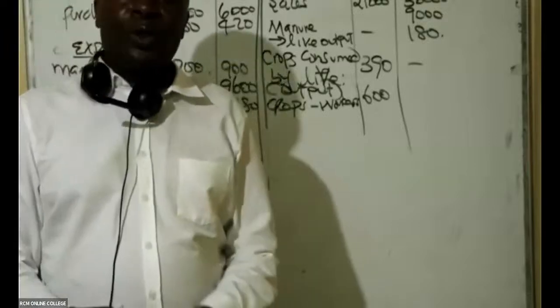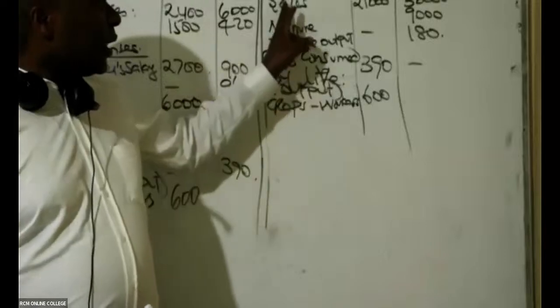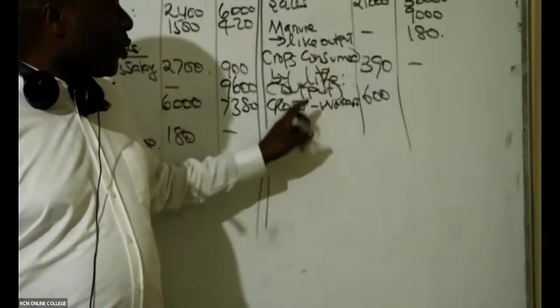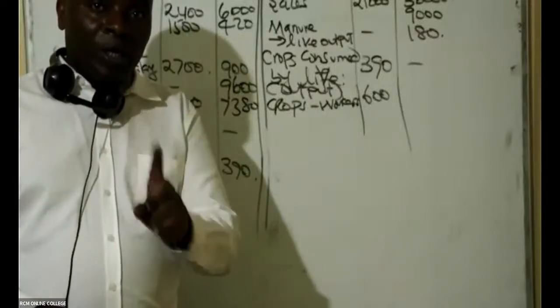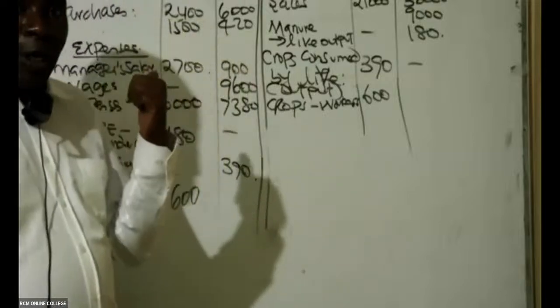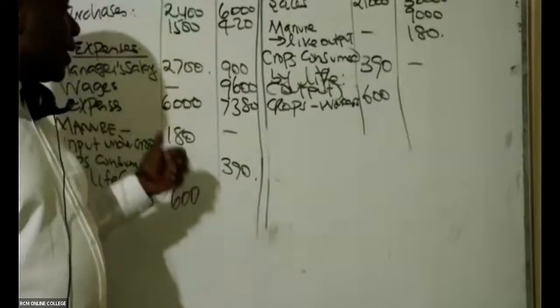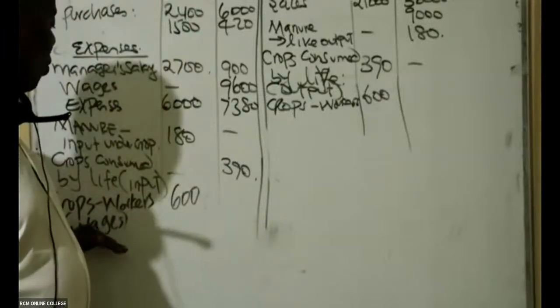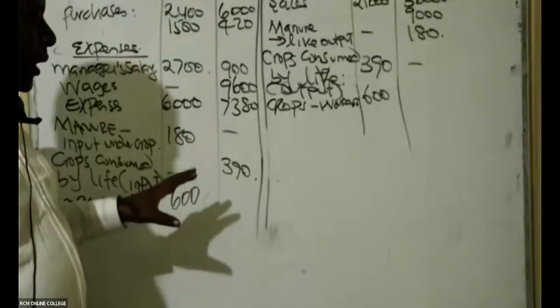What we shall do is assume straight away that here, where sales are normally taken, the credit side, we sold crops worth 600 to our workers. We never paid these workers at the end of the day. So go to the expenses part and book this as an expenditure.